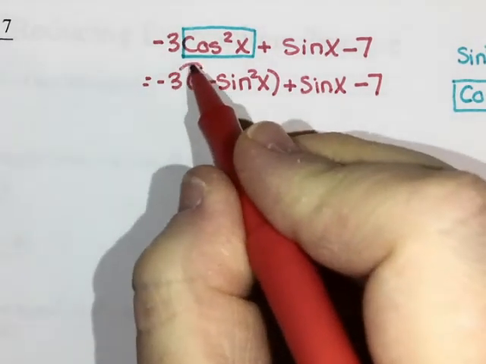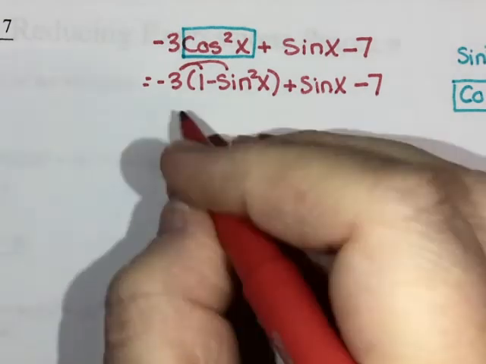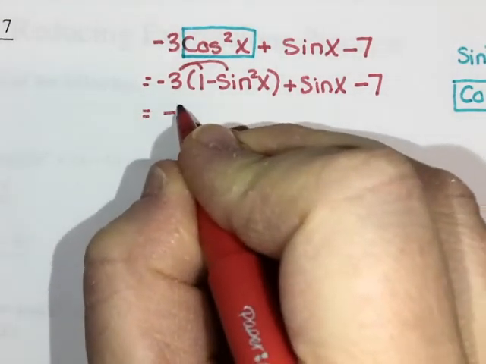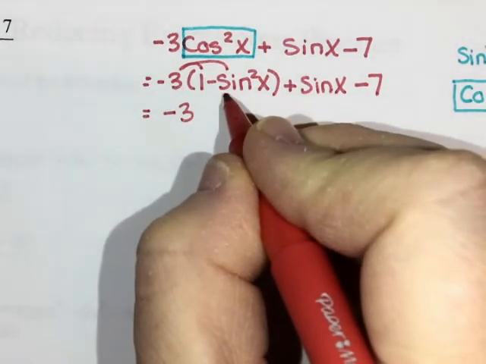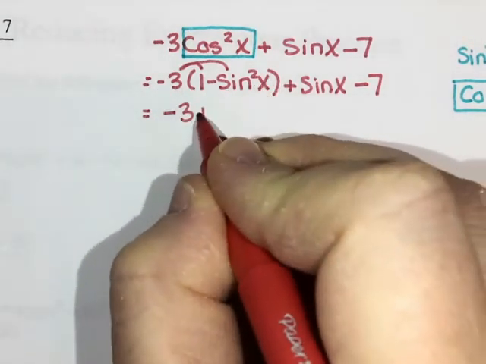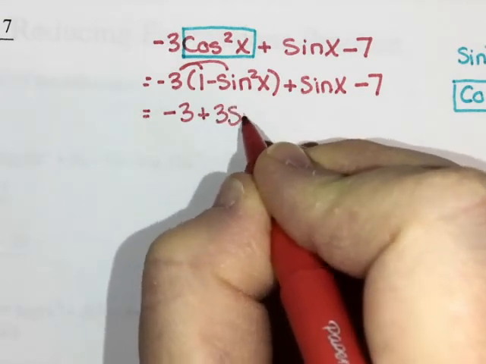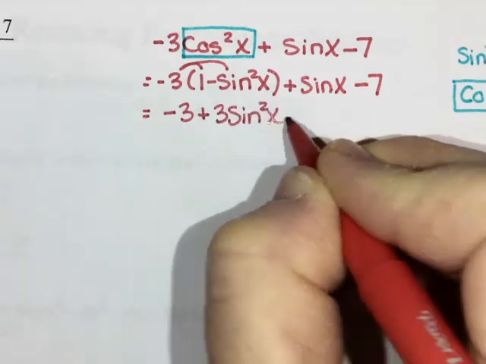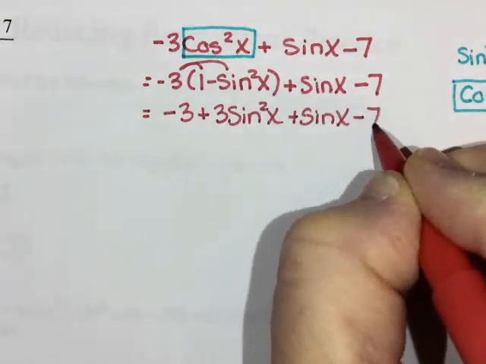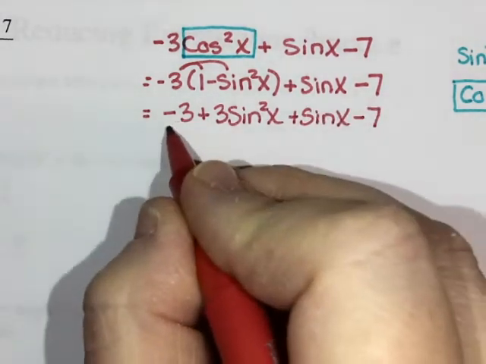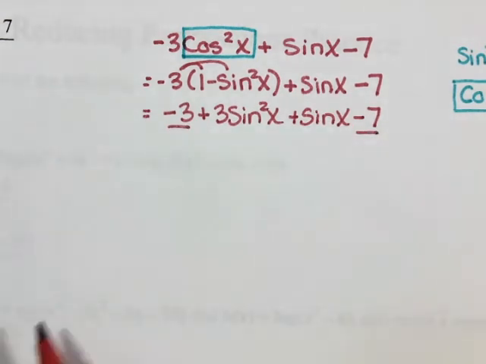So I'm going to multiply by negative 3. Negative 3 times 1 is negative 3. Negative 3 times negative sine squared x is positive 3 sine squared x. And then plus sine x minus 7. All right, I do notice that the negative 3 and the negative 7 are like terms.